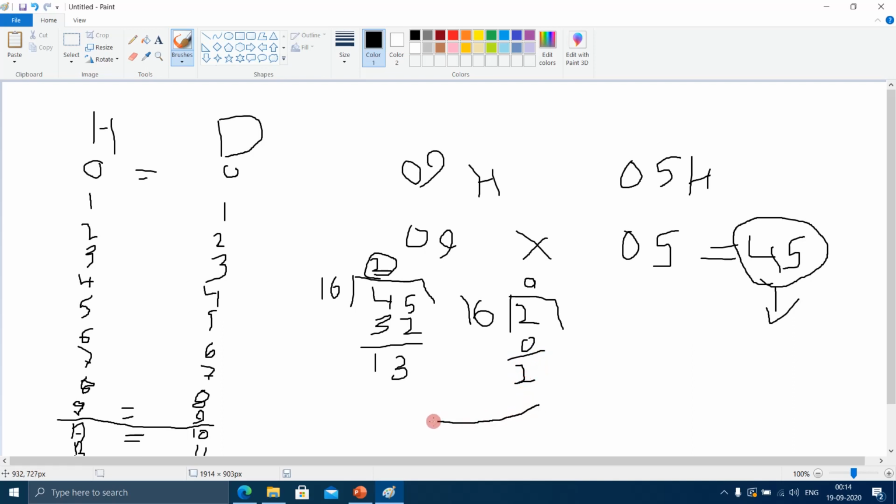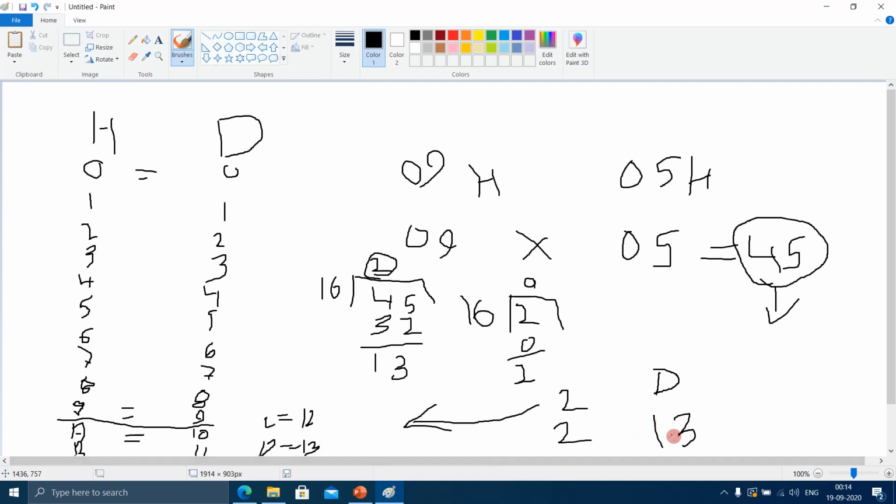So we will go in reverse order. What will we get? 2 and 13. This 2 will be 2 only, and for this 13, we take the remainders in reverse order, and 13 will be D. See here, A is equal to 10, B is equal to 11, C is equal to 12, D is equal to 13.